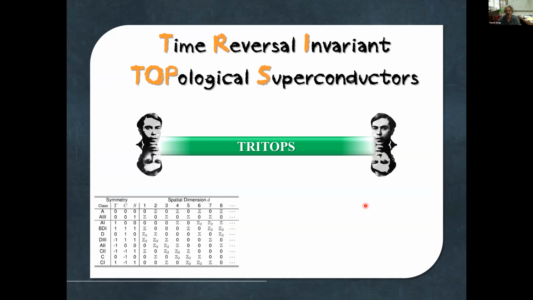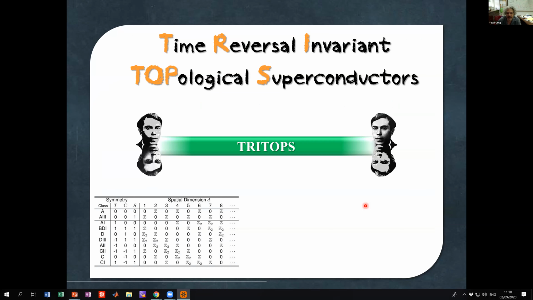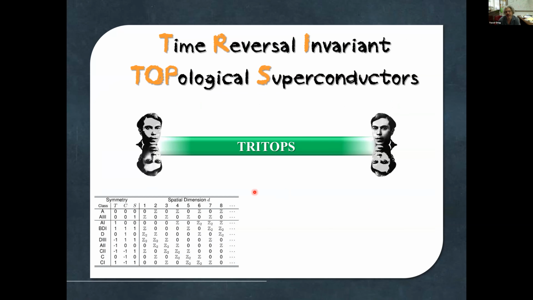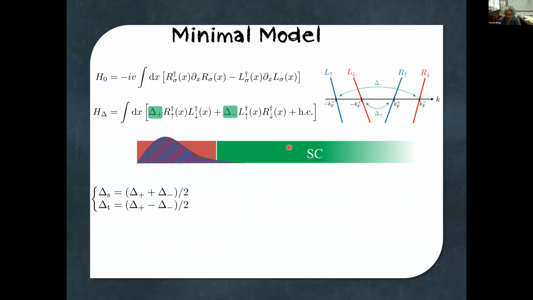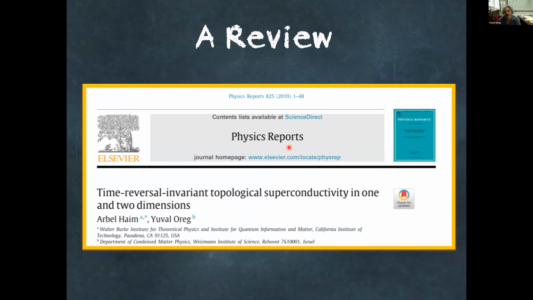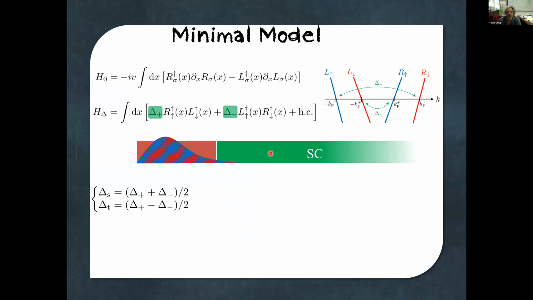And then even without any magnetic flux, you can create an interesting topological time reversal superconductor, which has pairs of time reversal Majorana modes. There is a review of that from 2019 that you can read about it.